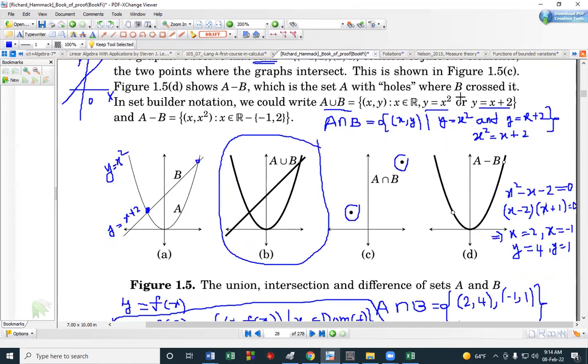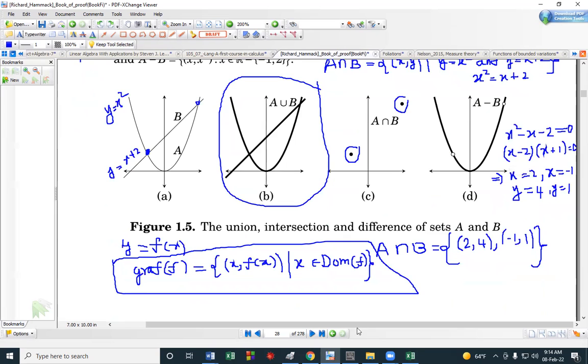So how about the difference between these two sets, A minus B? A is the set of all points on this parabola. So A minus B is the set where we exclude the elements of A that are in B. So what are the points on the parabola which are also a point on this straight line?